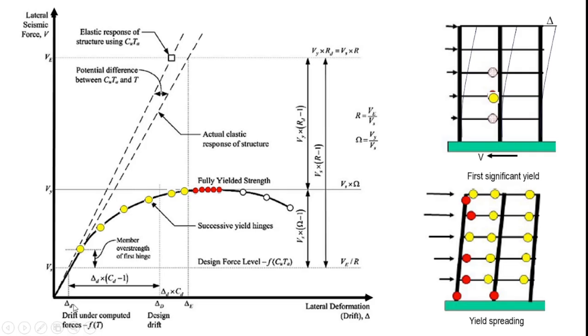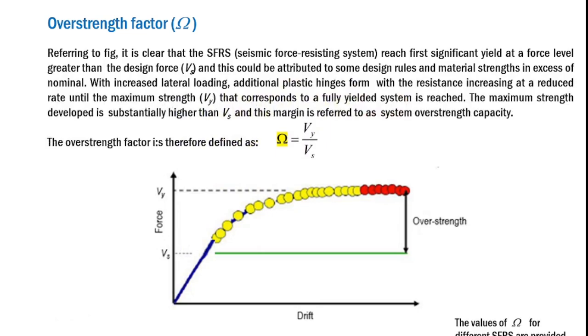Now we need to multiply delta small d by a coefficient which is known as CD, in order to calculate the design drift of the structure when subjected to the design level seismic motions. So remember that the design drift delta capital D is always in the inelastic segment of this load versus drift curve.